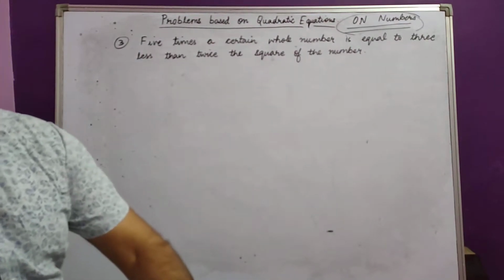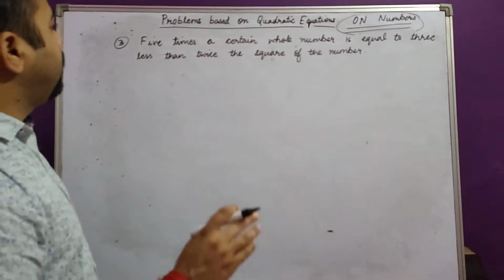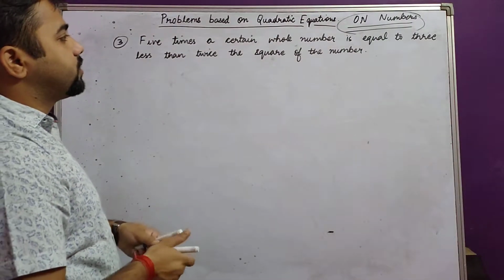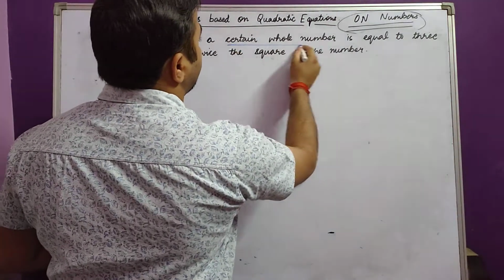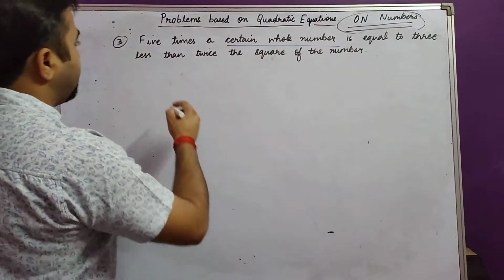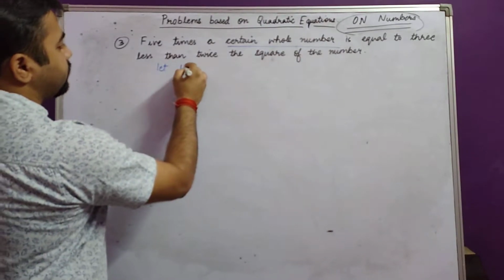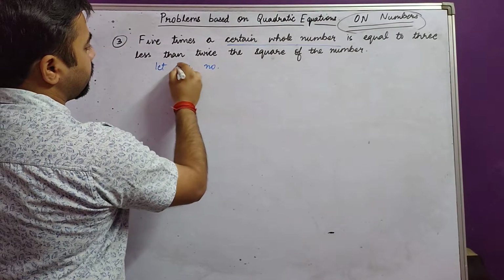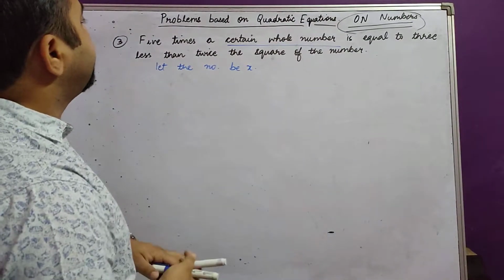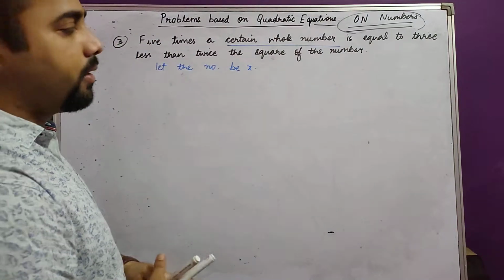Let us see how we are going to solve this question. First of all, a certain whole number. The number is not given to us and therefore we have to assume the number. Let the number be x. Moving further, it says 5 times.